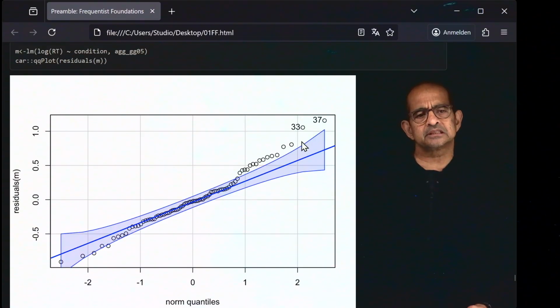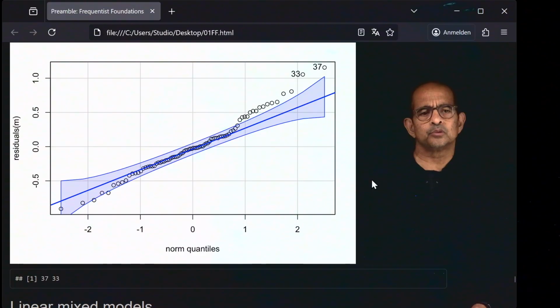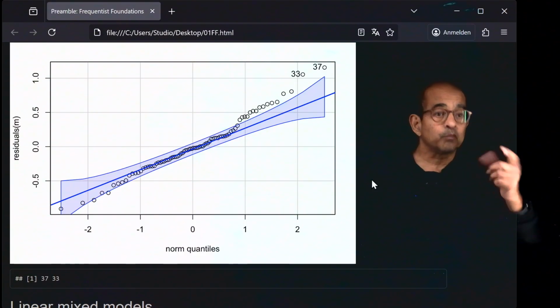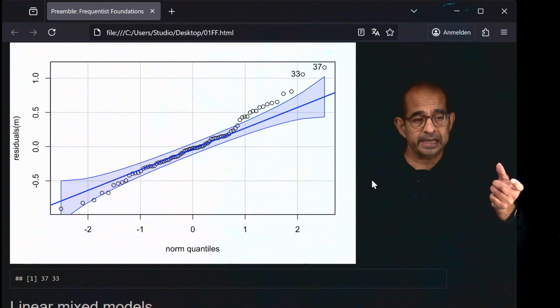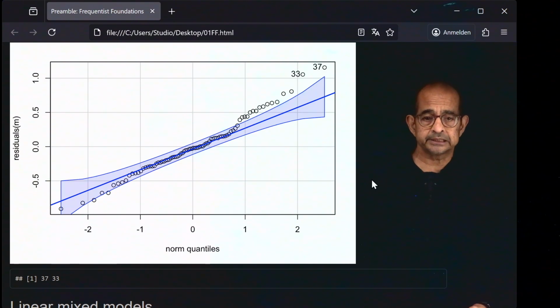Okay, so this is certainly better. We could probably improve on this, but this is good enough for now. So that's one way in which you could deal with the violation of the normality assumption in your data, and checking the normality assumption is important if you are doing hypothesis testing.